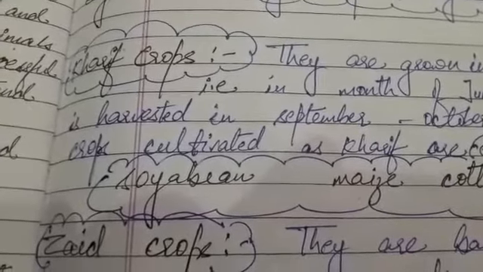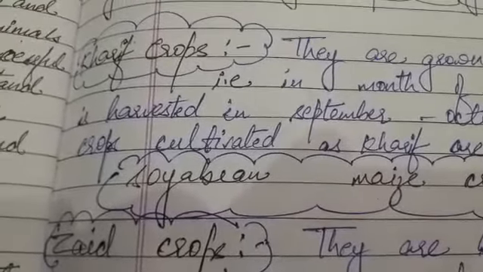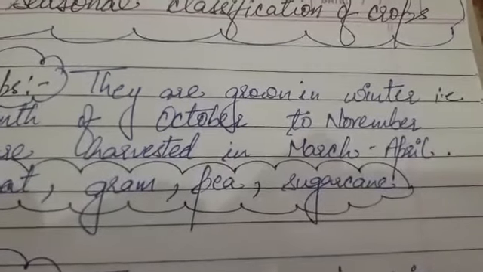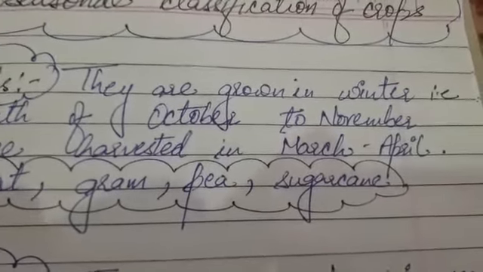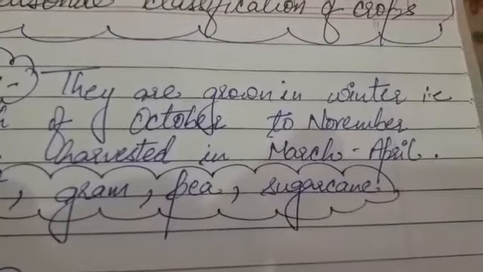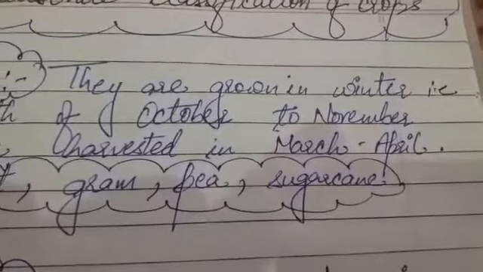Now the second difference, period of cultivation. What is the period of cultivation for Rabi crops? For Rabi crops, the period of cultivation is from October to April, because by the month of October to November these crops are grown, and by the month of March, April these crops are harvested.